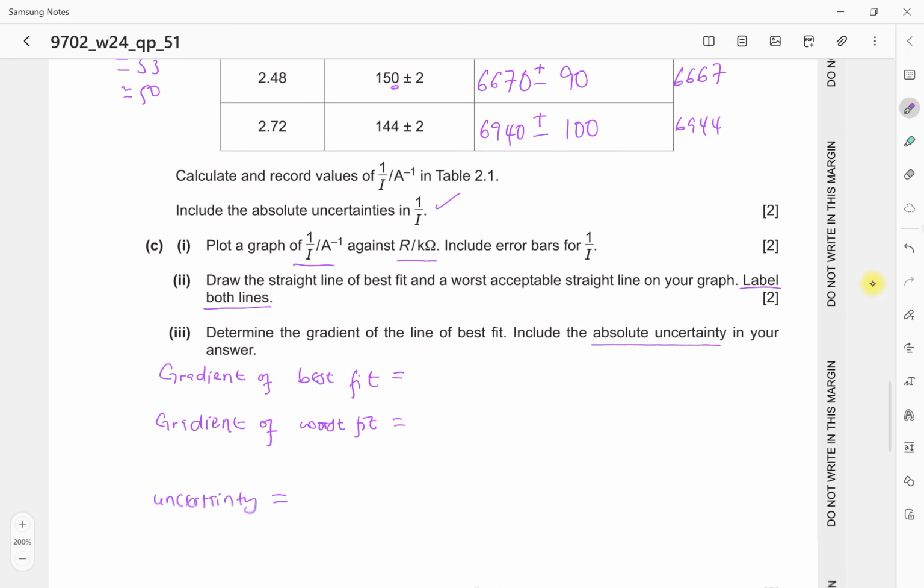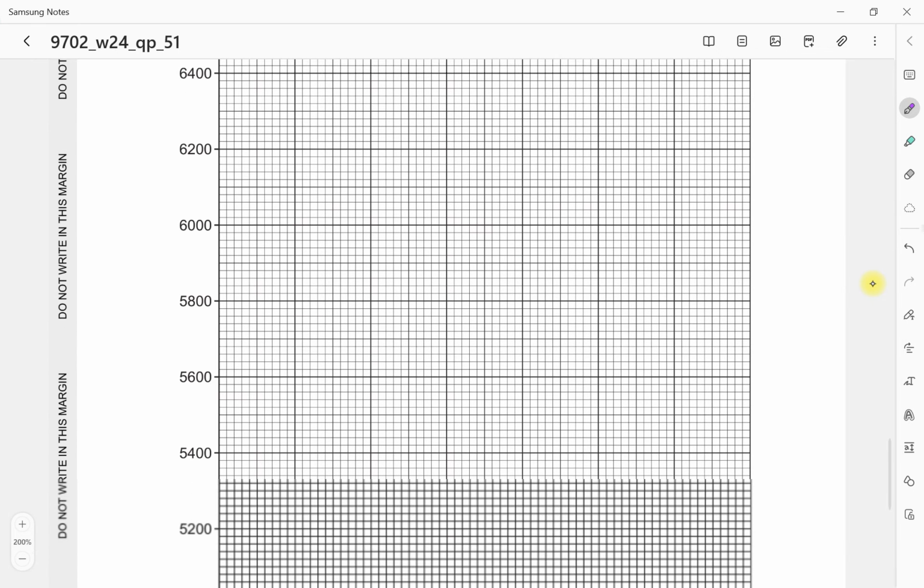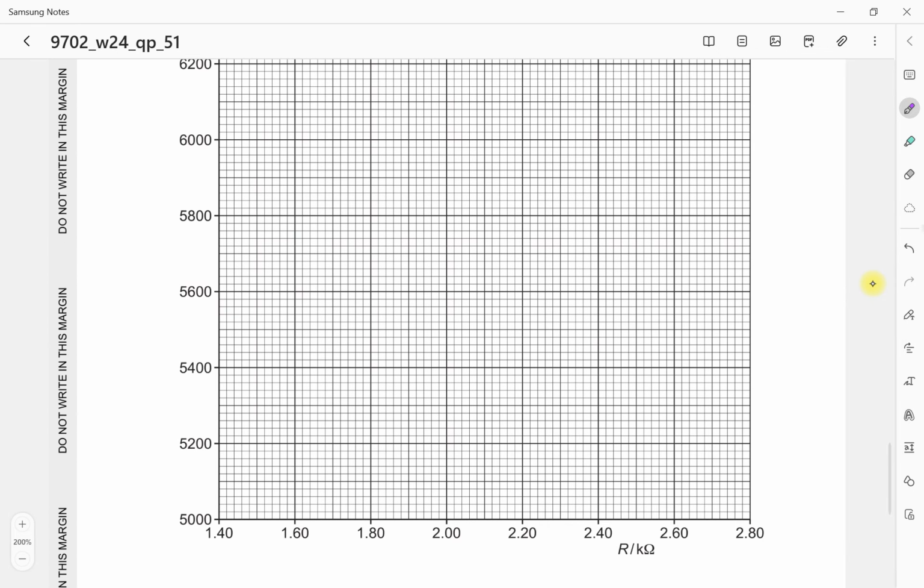Okay, now let me plot. So the first point we are plotting is 5150 against 1.5. So this is 1.4, 1.6, 1.5 is in the center.